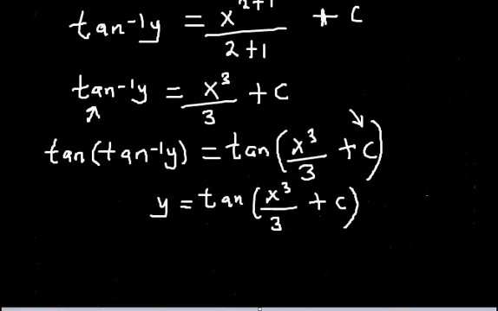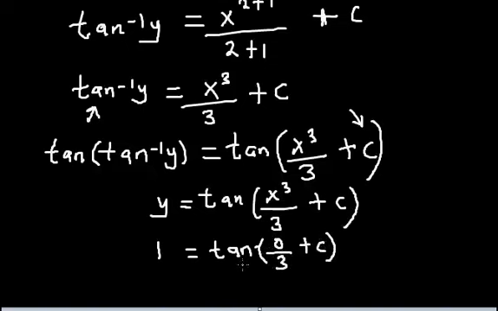So that's what I'm going to do now. When x is equal to 0, y is equal to 1. That's going to be 1 equals tan of 0 over 3, then plus c.